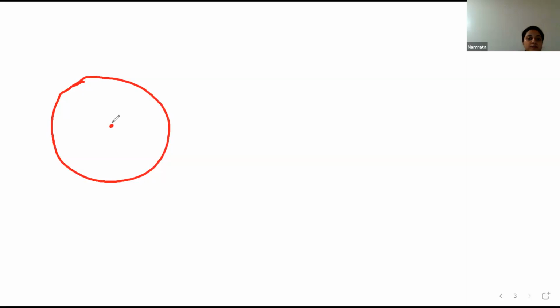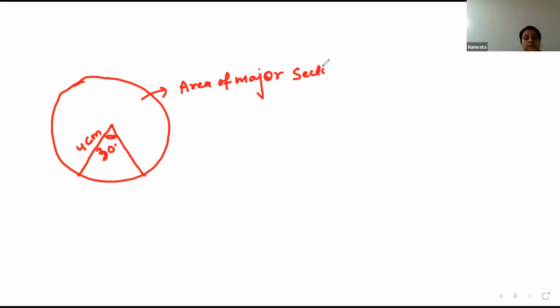So radius is given as 4 centimeter and the angle covered is 30 degree. Also find the area of the corresponding major sector. So the area of the major sector also we have to find.